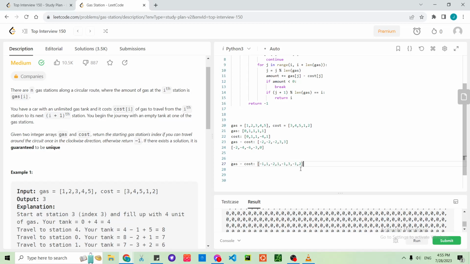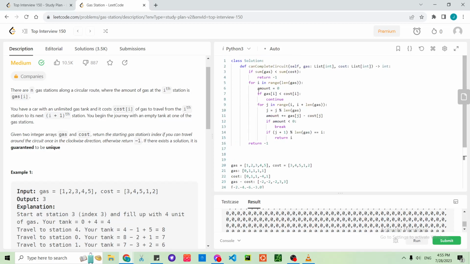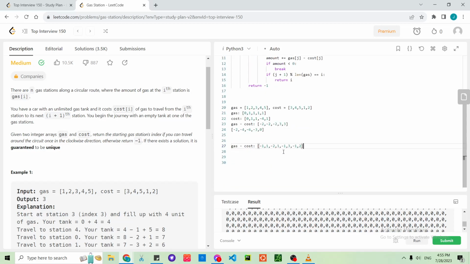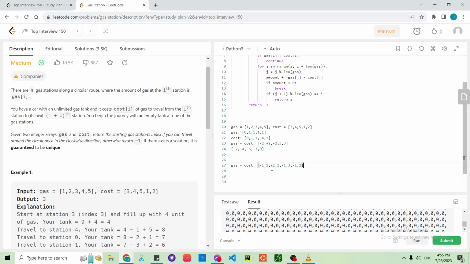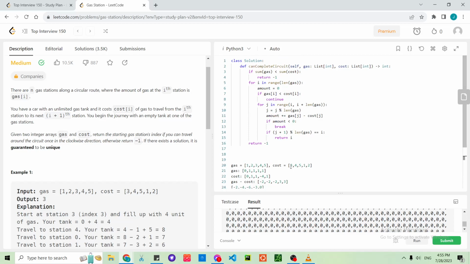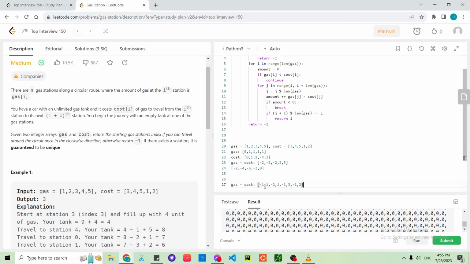But even when I'm looking at this, I'm still doing the same way I'm doing here. I'm trying out all of them one by one. I will skip if it's negative, and I will continue until the amount is negative.